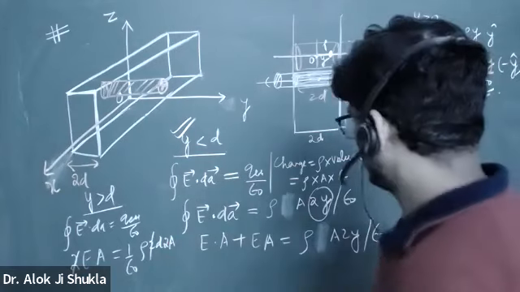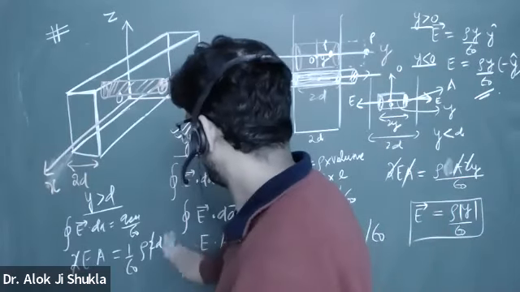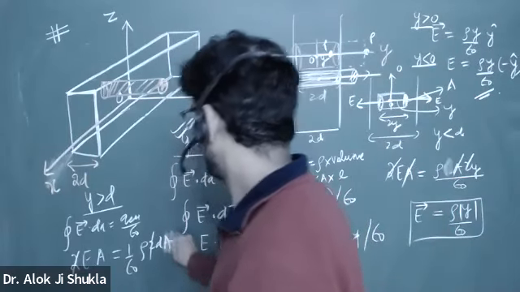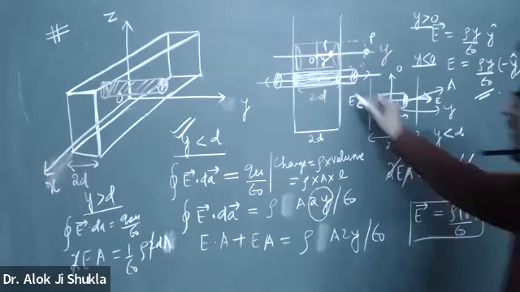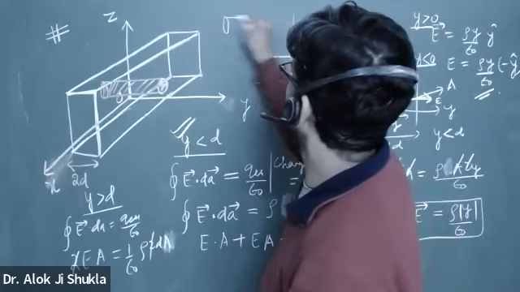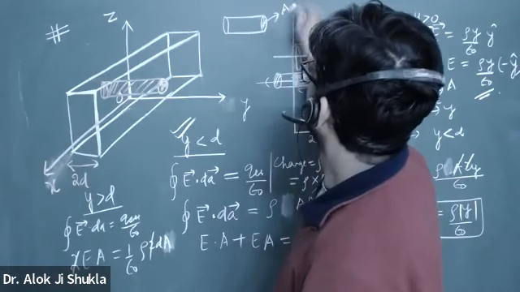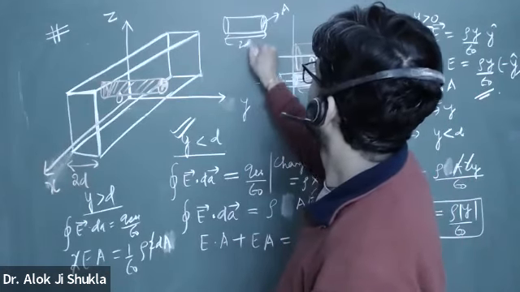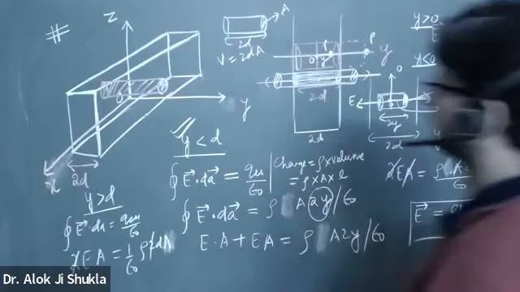2d into A. Last time we had 2A. For charge, you are writing the volume. Suppose this is A and this is 2d. So what is the volume? 2d into A. Okay, sir.